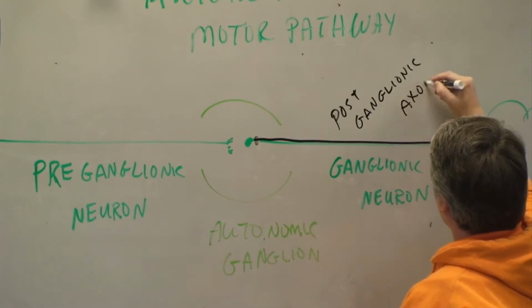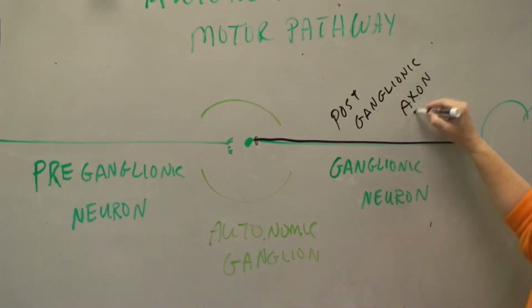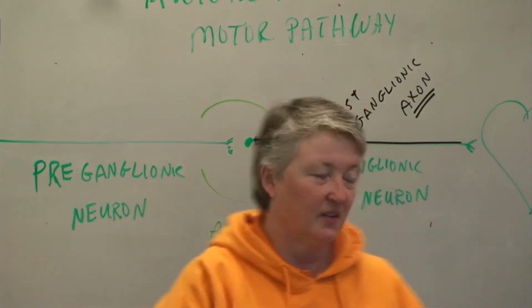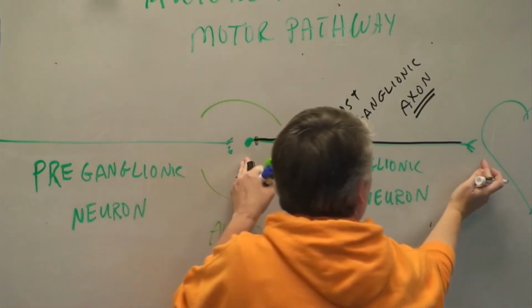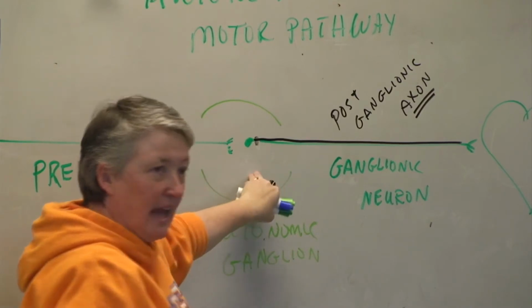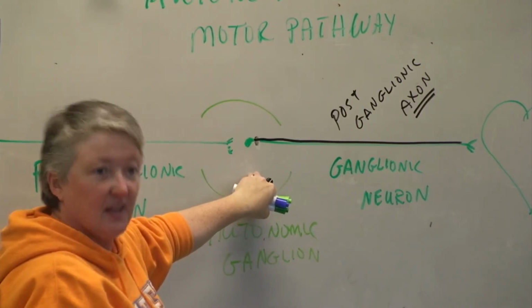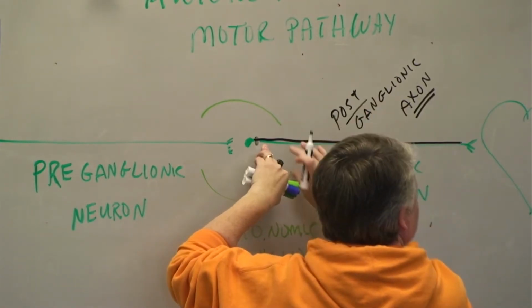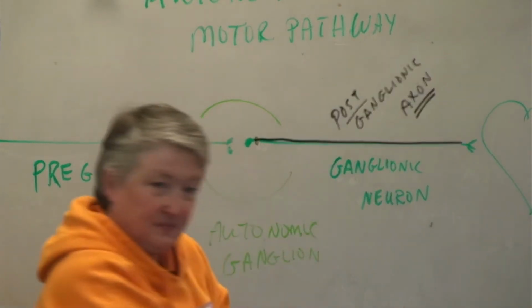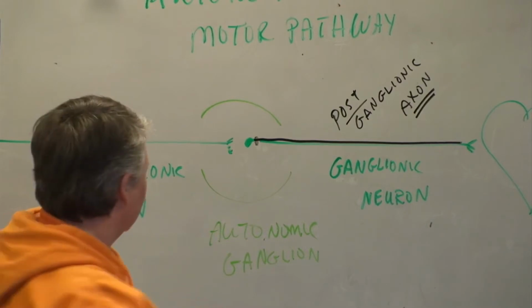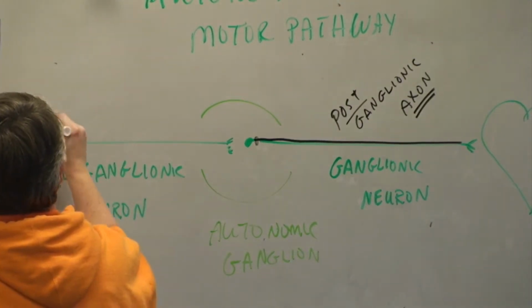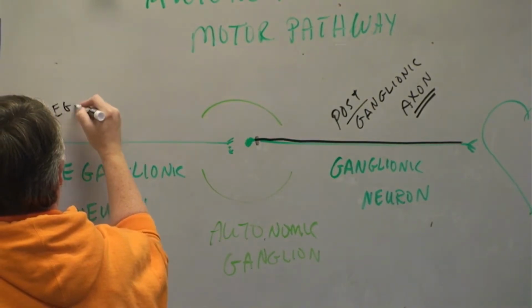So that whole thing is a ganglionic neuron. Ganglionic neuron because it starts in the ganglion. That includes the cell body, axon, and dendrites. Just the axon is called a post because it's leaving the ganglion. So is that a preganglionic axon? Yes. They better be.